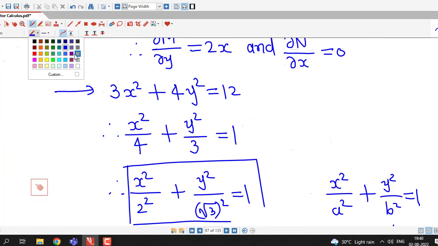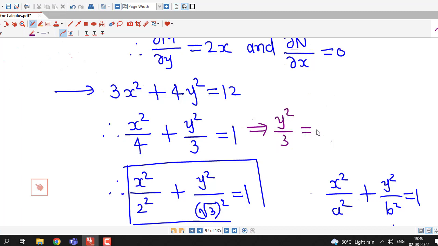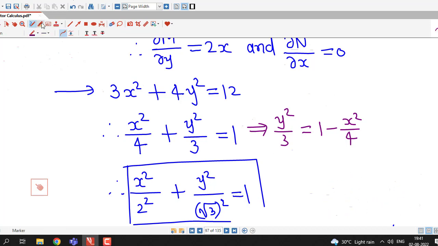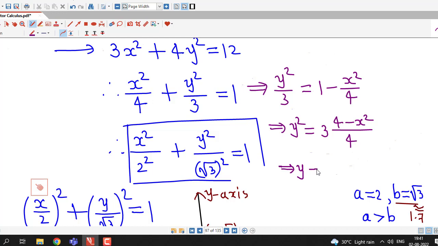So from this step y square by 3 can be written as 1 minus x square by 4, and this I can again rewrite as y square equals, and here I take 4 LCM, so I will have 4 minus x square divided by 4 into 3, or 3 by 4 times 4 minus x square, and from this if I take square root on both sides, I will have plus or minus square root 3 divided by 2 square root of 4 minus x square.